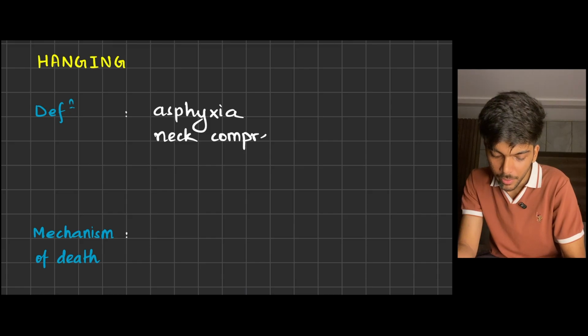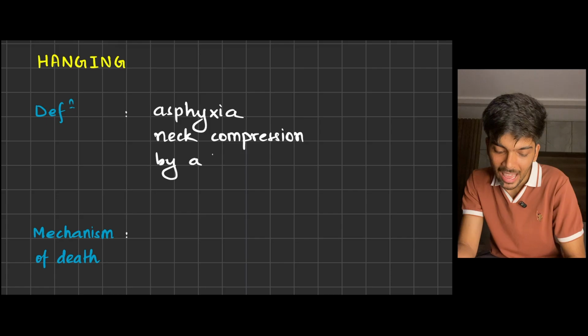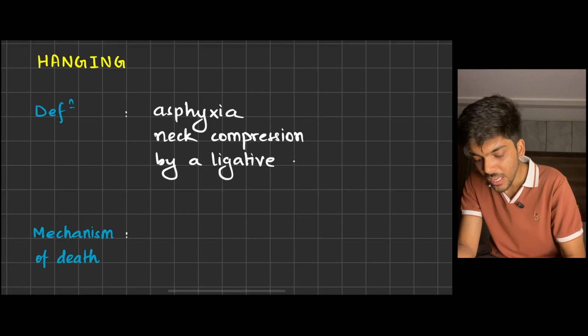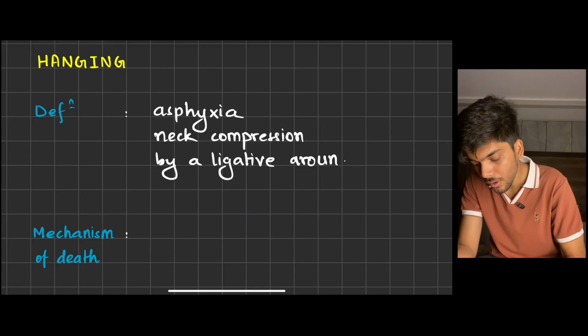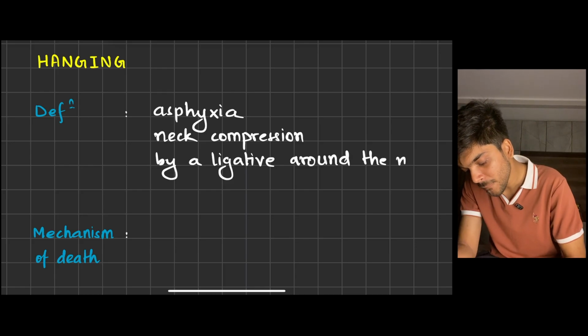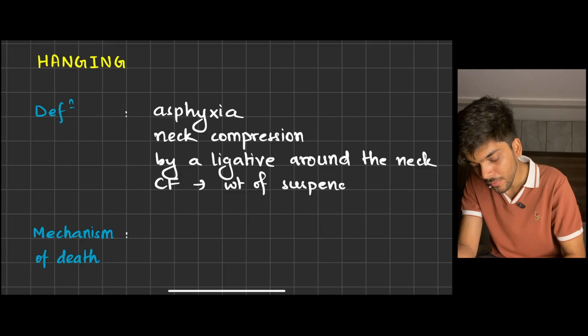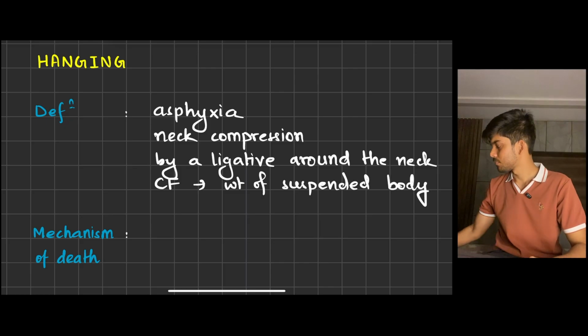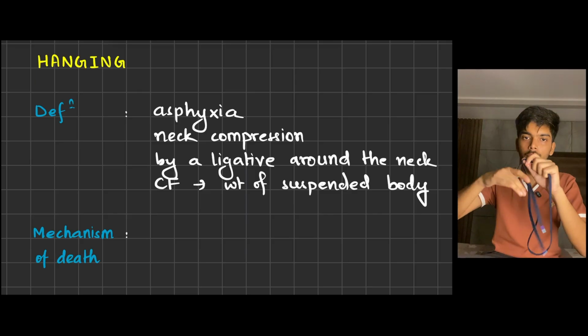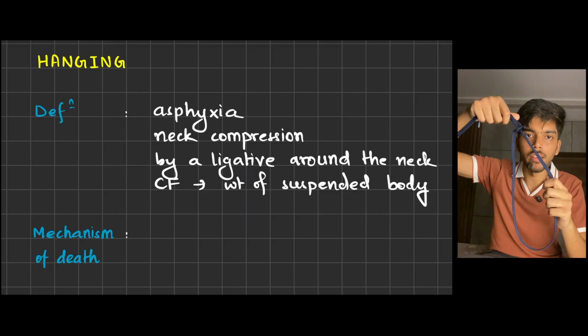The compression of the neck is by a ligature, which is around the neck, and for the ligature, the constricting force is the weight of the suspended body. See, this right here is your ligature.